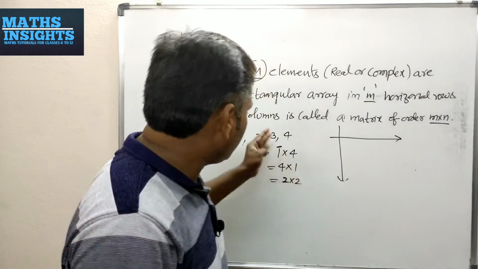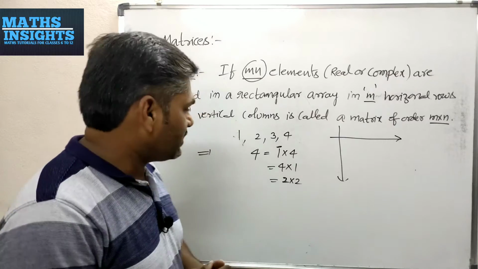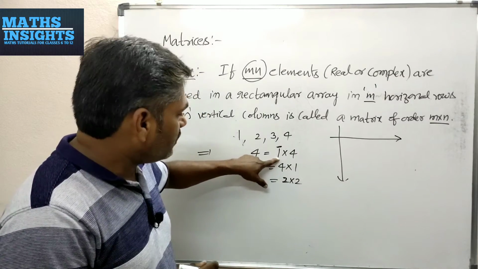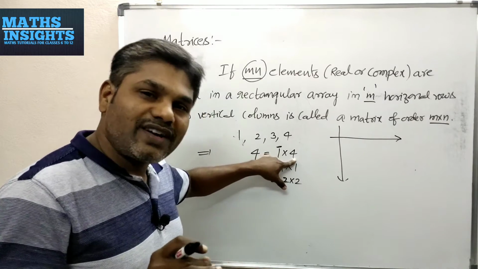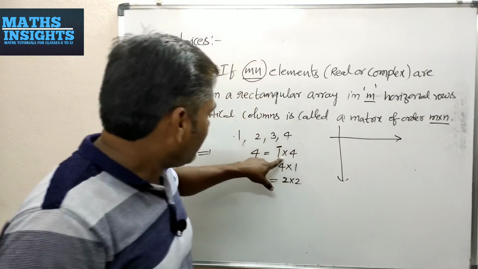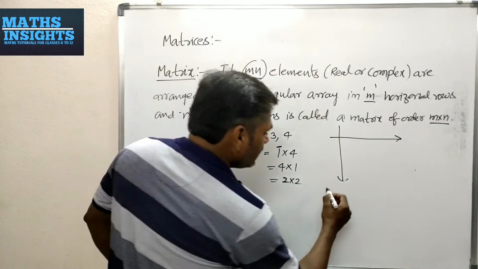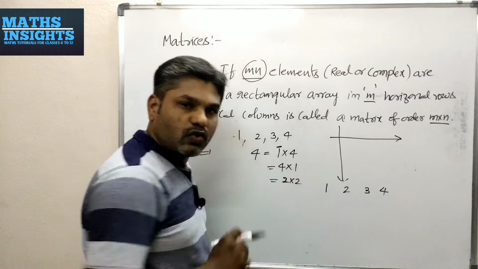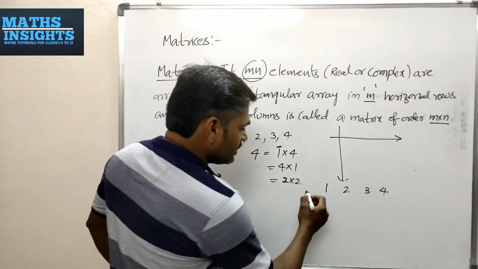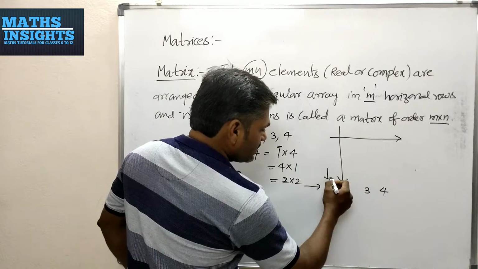The question is how to arrange these 4 elements. First, if you take this order 1 by 4, the order is read as 1 by 4, not 1 into 4. 1 row means I will write these elements like this, only 1 row, and 4 columns. This is row and this is column.